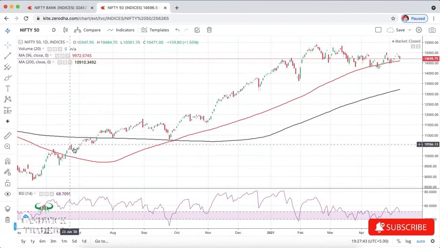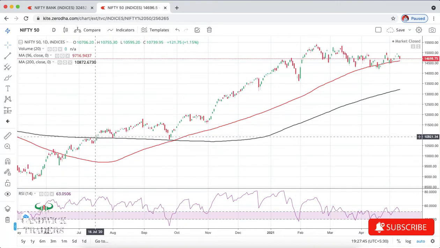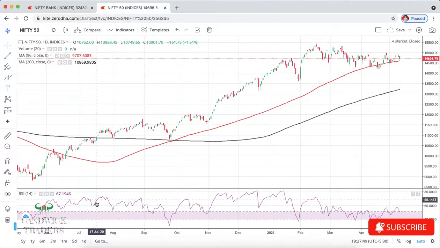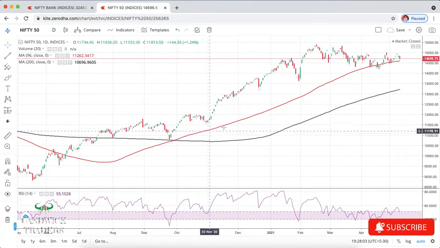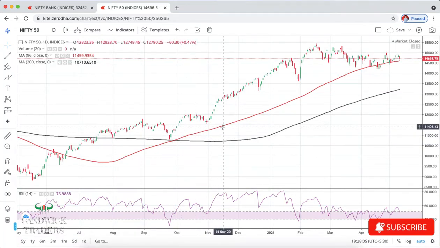While taking entry, once the price is above 200, just check one more point: the RSI line should be above 50. That's it. Once you take an entry, the trade will continue like this. Then why this red line again? This will be our stop loss.